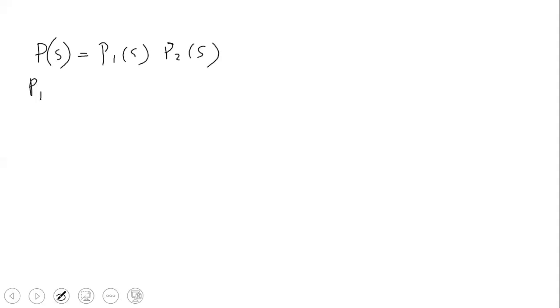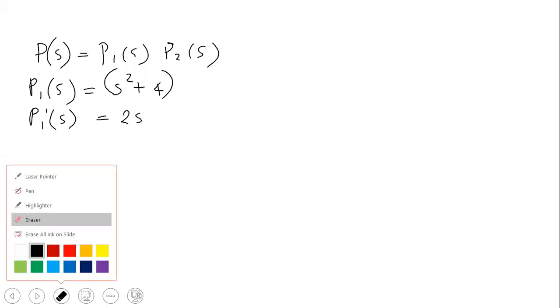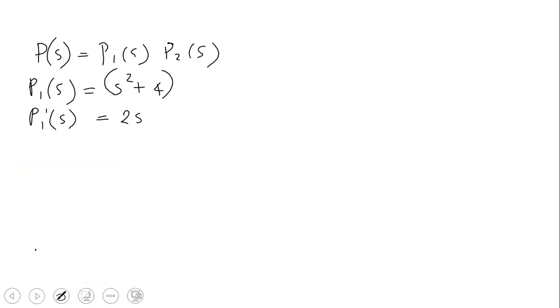My P1 of S, which is nothing but S square plus 4, I have to check whether this is correct. So I will just take a derivative because it's all even terms. So this will be 2S. Now I'm going to check by normally how I do it.